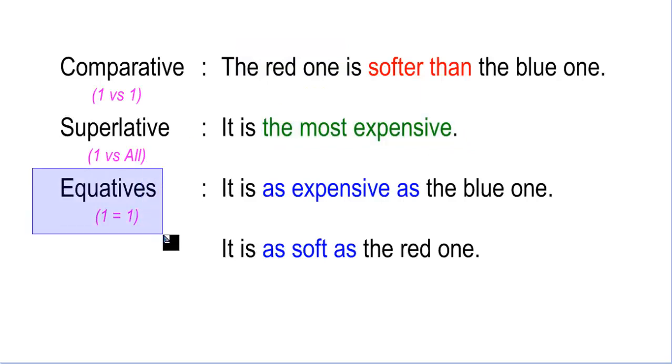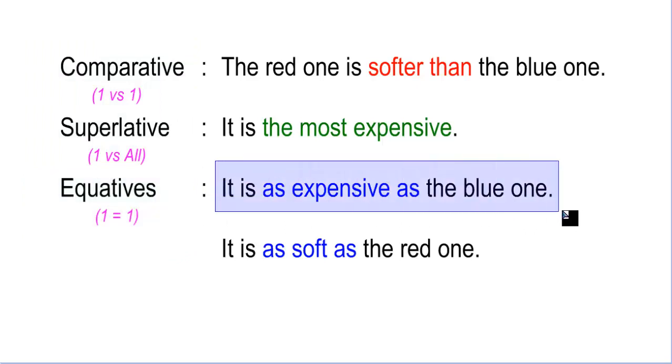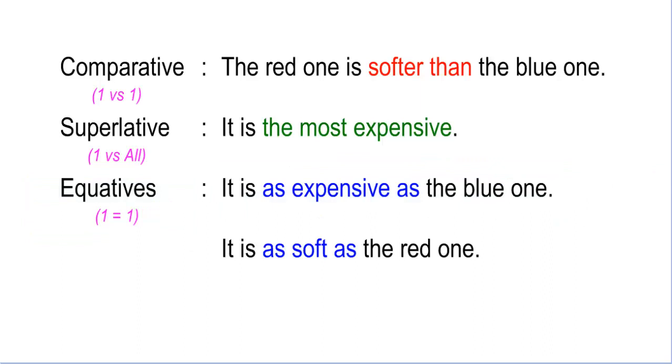But equatives are a little different. It's not to show difference. They usually show equality. That's why they are called equatives. It is as expensive as the blue one. So that means that the two are equally expensive. It is as soft as the red one. It means that the two objects are equals.